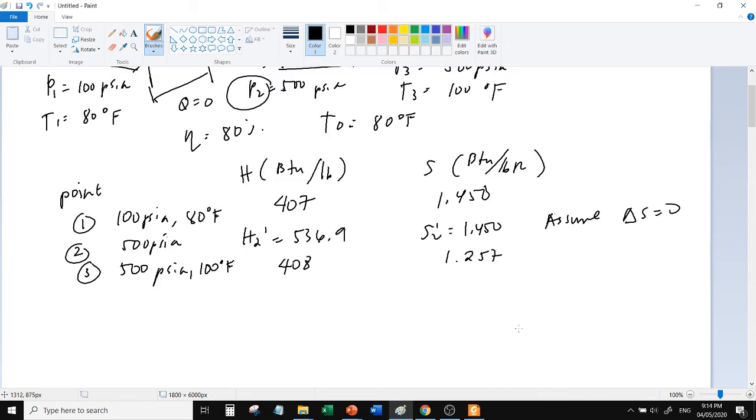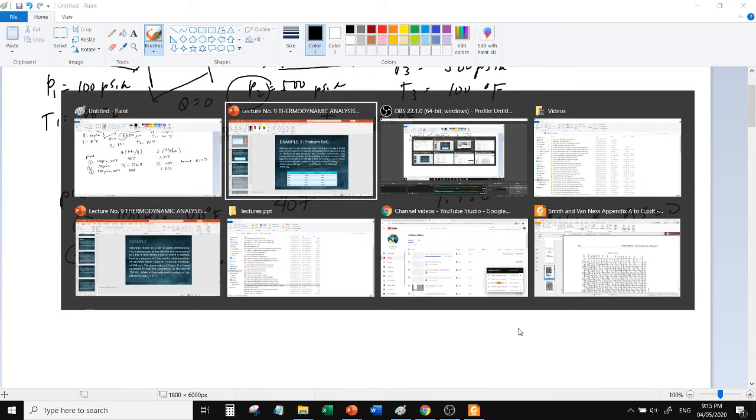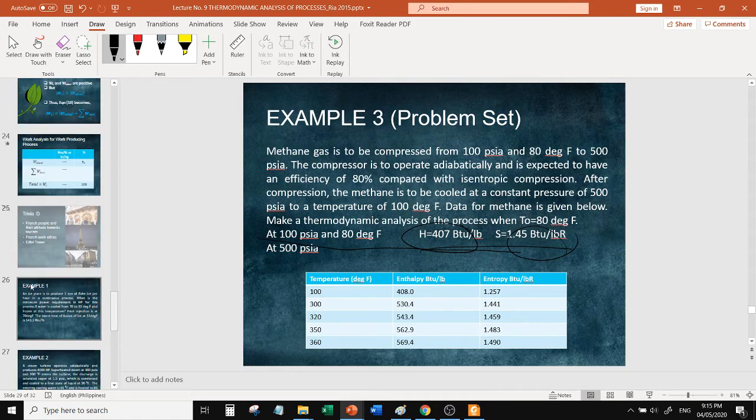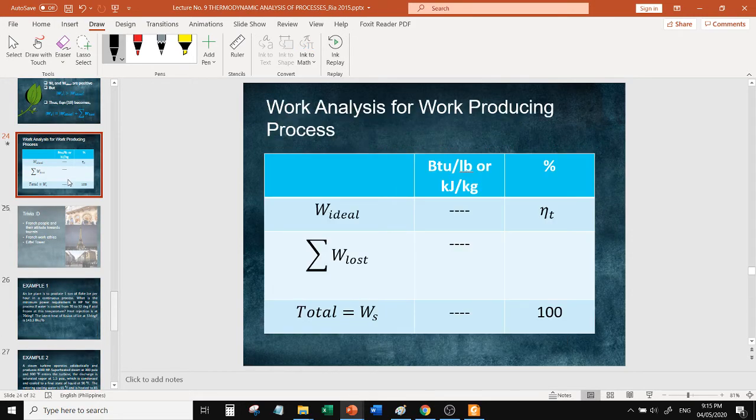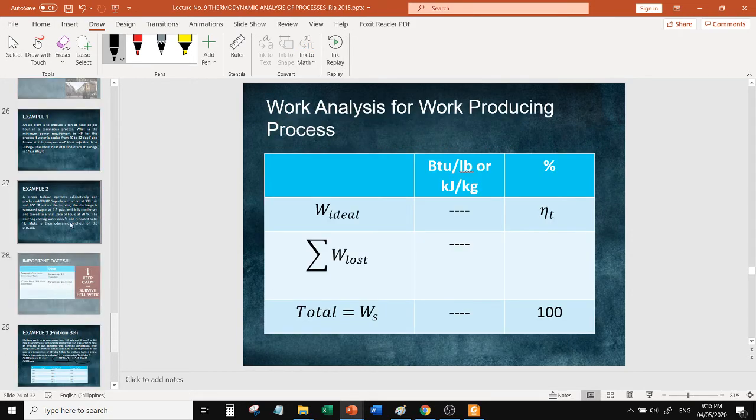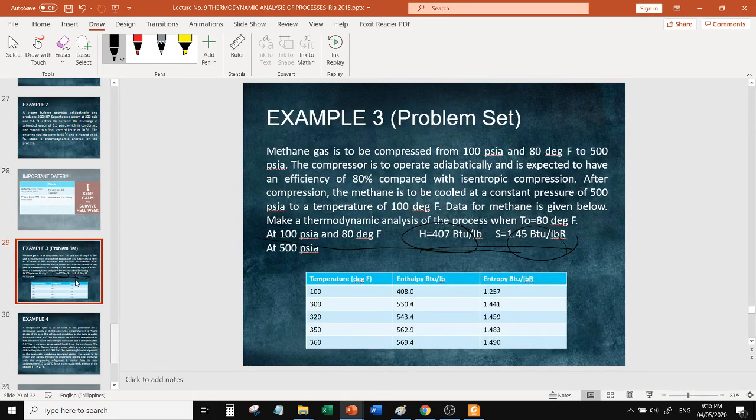Next, this is a work-requiring process. And for a work-requiring process, what is at the bottom is the work shaft. The ideal work, the same, we calculate it from the start to the end.